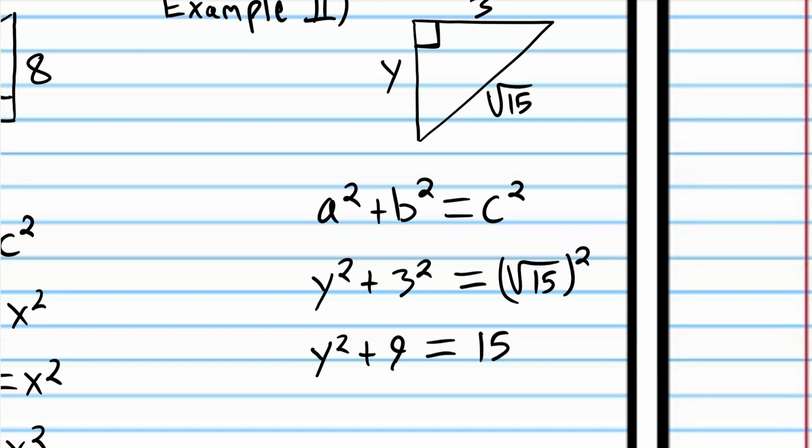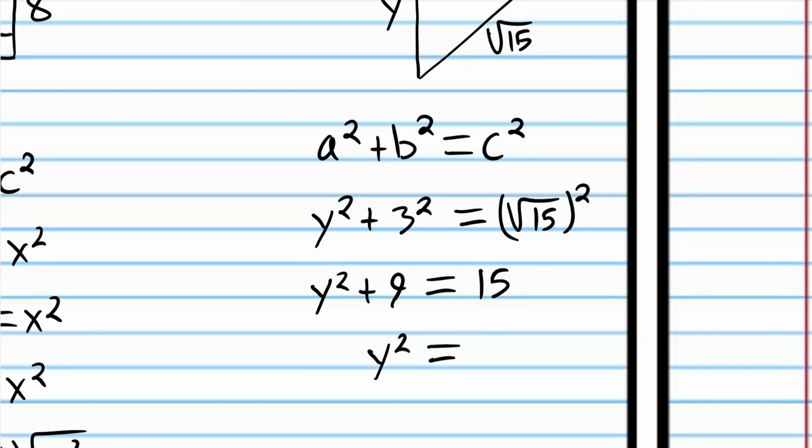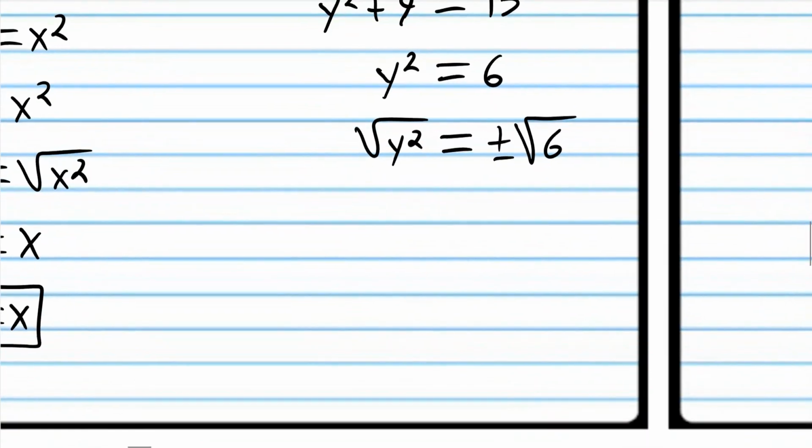Squaring is the opposite of square rooting, so they're opposite operations. So if we square the square root of 15, the root just disappears. And now we're going to square root both sides of the equation. Remember, whenever you square root both sides of an equation, you need to write a plus or minus symbol.